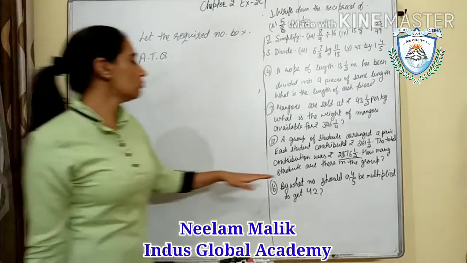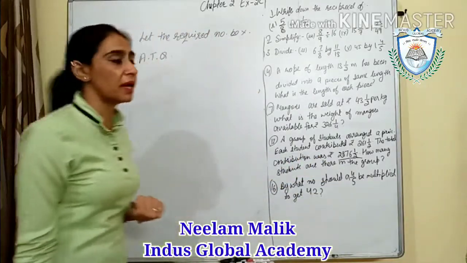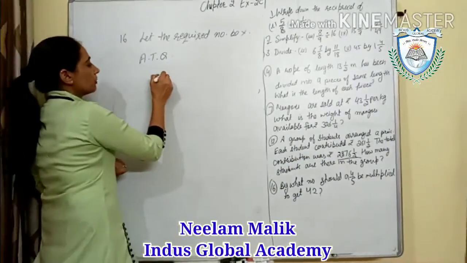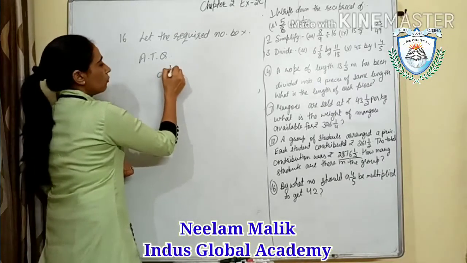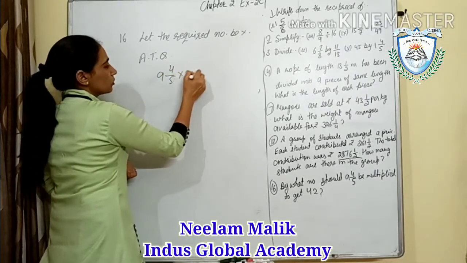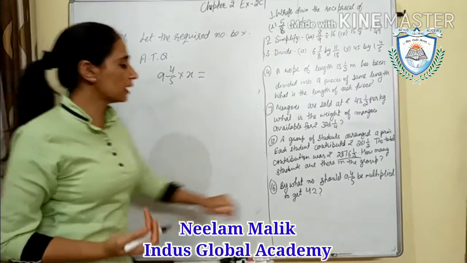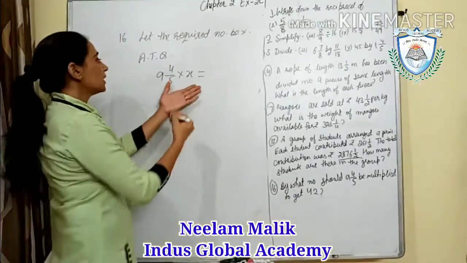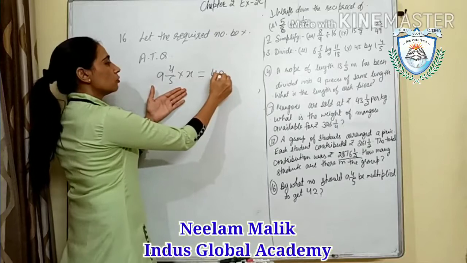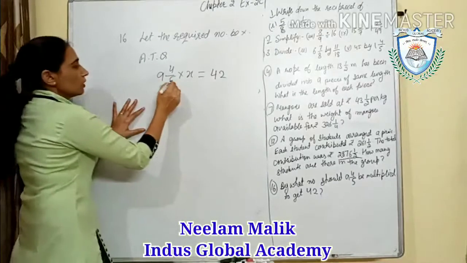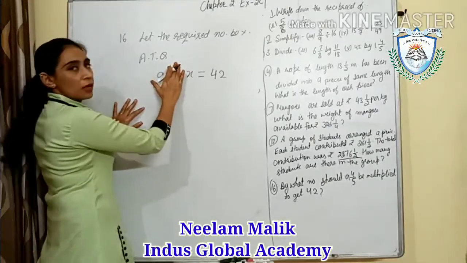Means by what number should this be multiplied? So we will multiply 9 whole 4 upon 5 by x, so that we can get 42. So what we will get when we will multiply these two? 42.